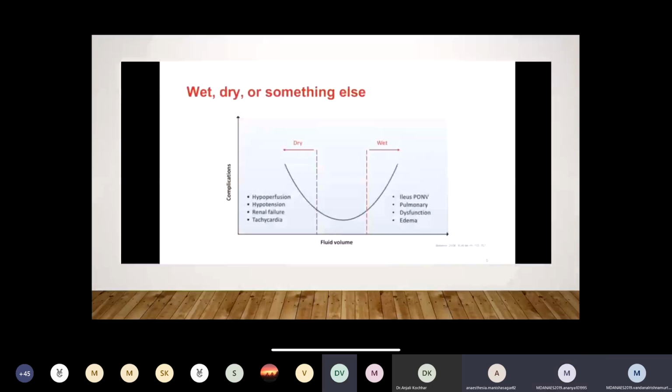Can anyone explain this graph? Sir, if we overload the patient, then when we measure the stroke volume, it will show as increased rather than the normal value.